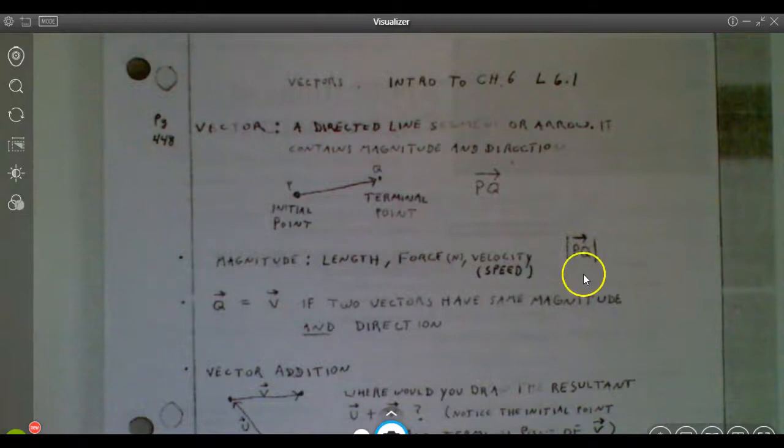Sometimes you'll see just this statement right here, and it'll say find this, and we need to know that that means I'm looking for magnitude. Any two vectors that have the same magnitude, same length, and run the same direction would be equal vectors, so this statement is true only if they have both of those two things in common.